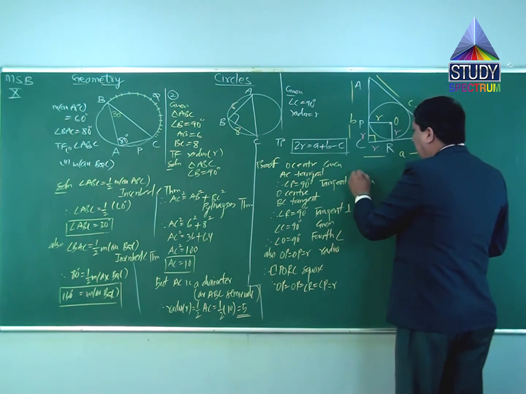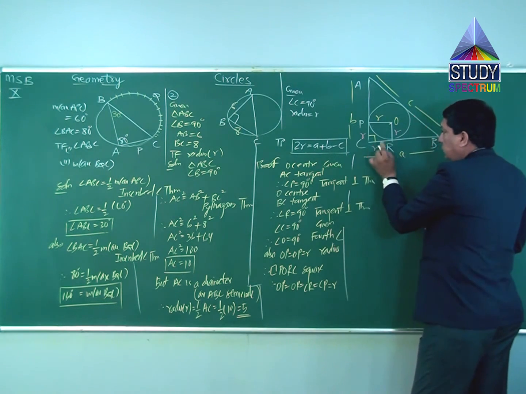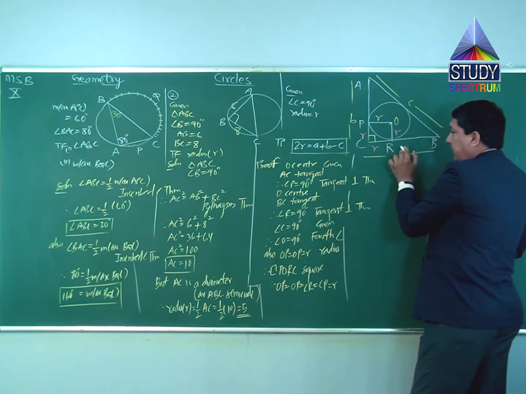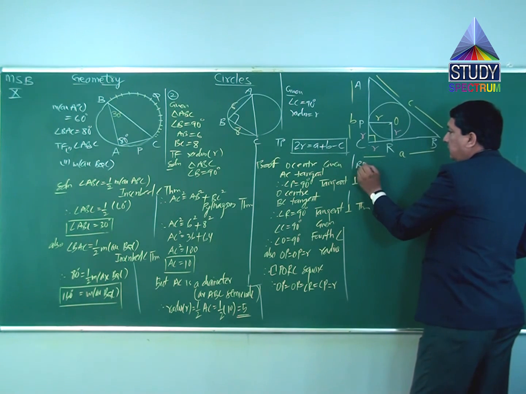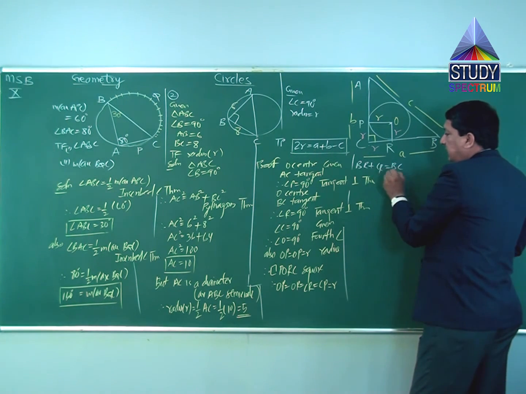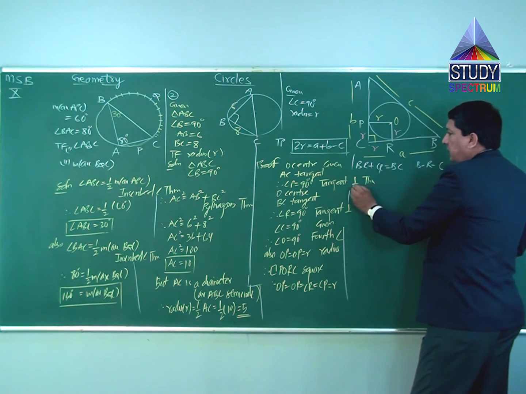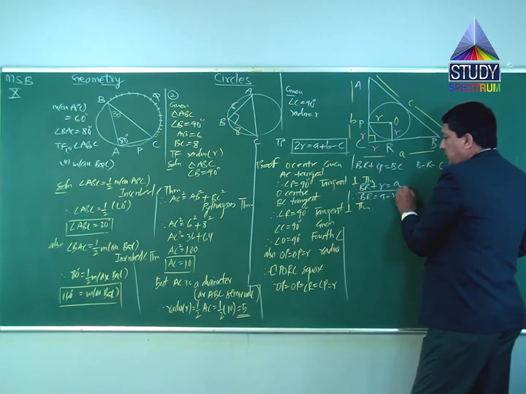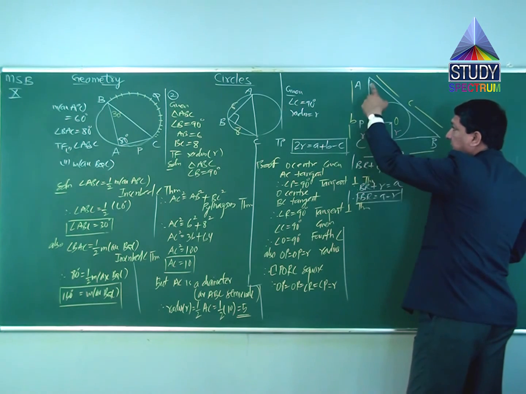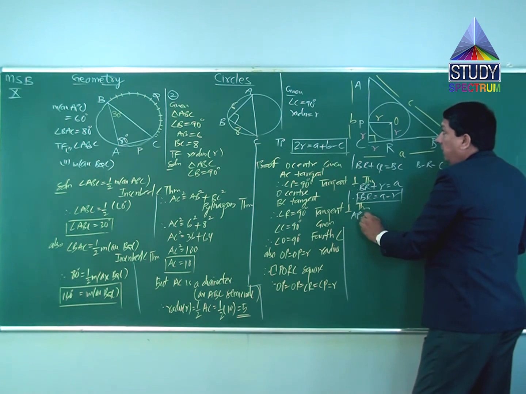Now if all sides are R, so for this remaining portion, I can write BR plus CR is equal to BC, segment addition property, right? We can add these two segments, BRC. Therefore, we can write BR plus R is equal to A. Therefore, BR becomes A minus R. Same way, if you look at this side, AP plus CP is equal to AC.